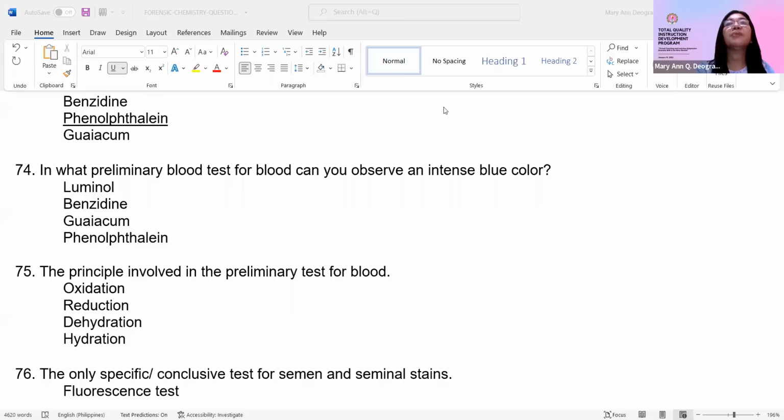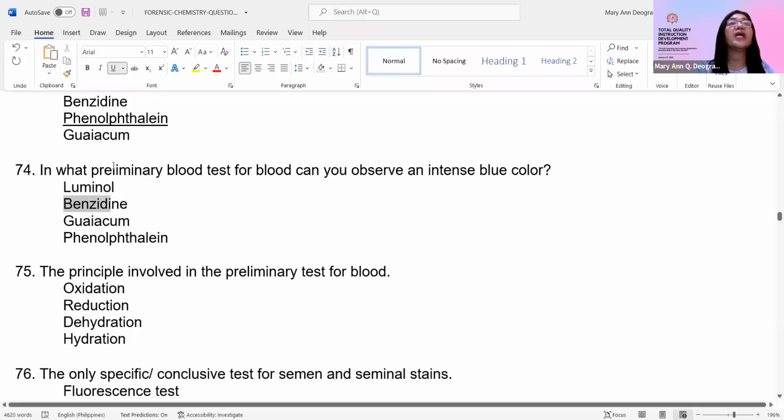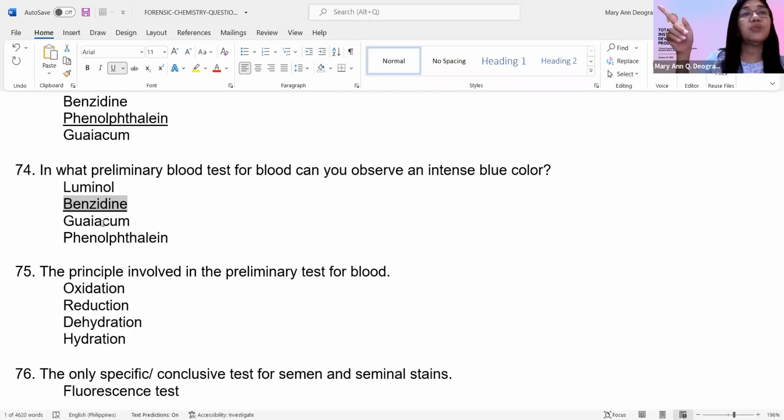Oh, hindi kayo parehas ng sagot. The answer is benzidine. Ang dalawang blue dyan is benzidine and guaiacum eh. So ito, intense blue is navy blue color. So benzidine yun. Ang guaiacum, it's beautiful or bright blue color. Benzidine, intense blue. Ang guaiacum, it is beautiful or bright blue color. Parehas kasi blue color yan.